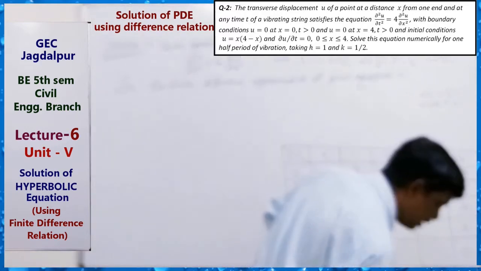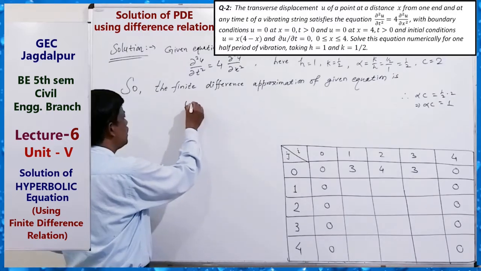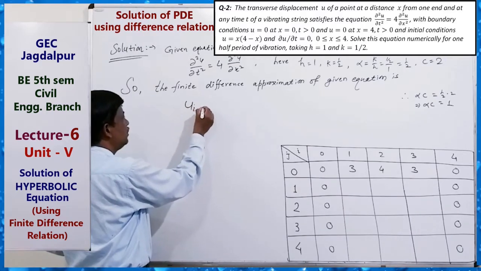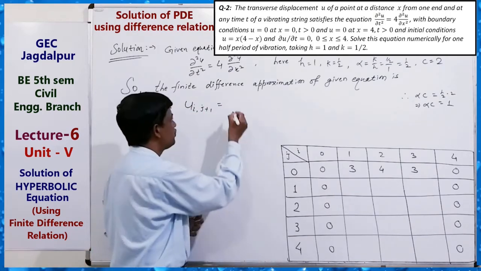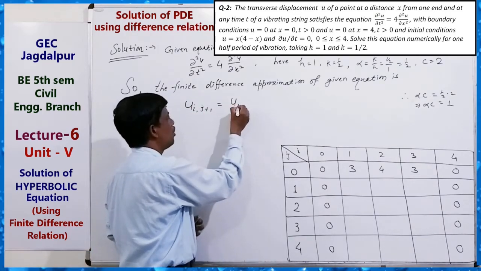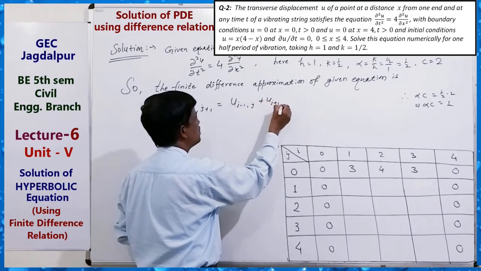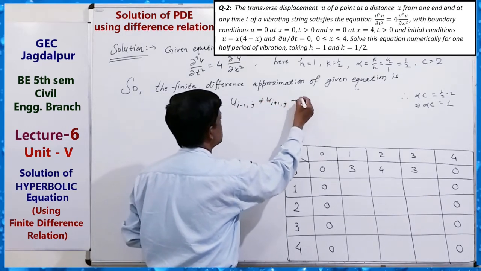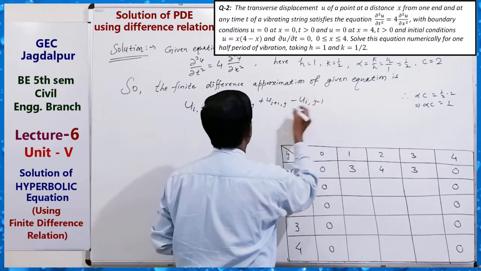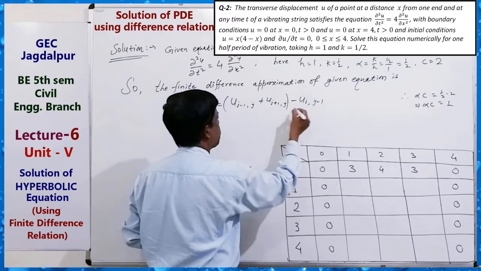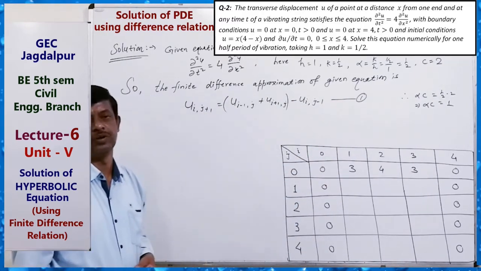So here we can write u_i,j+1 equals, the explicit formula is, we know, u_i-1,j plus u_i+1,j minus u_i,j-1. So this is the first formula.